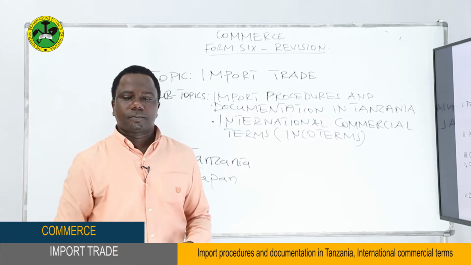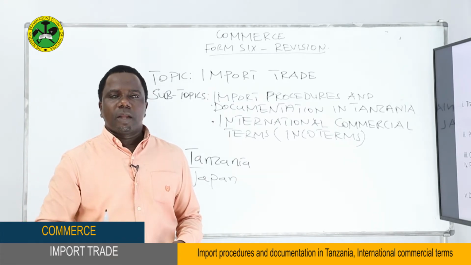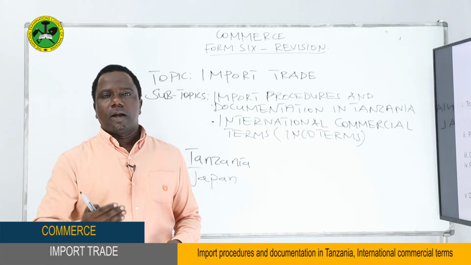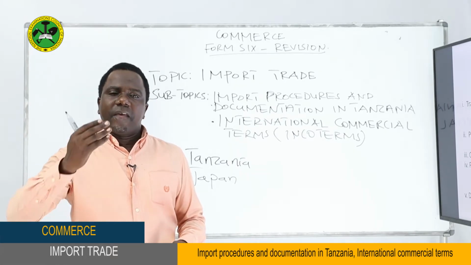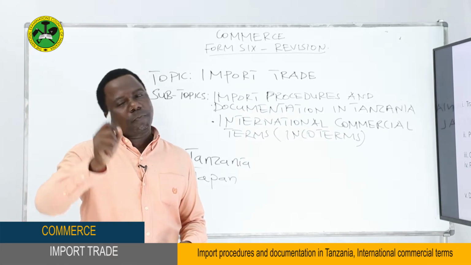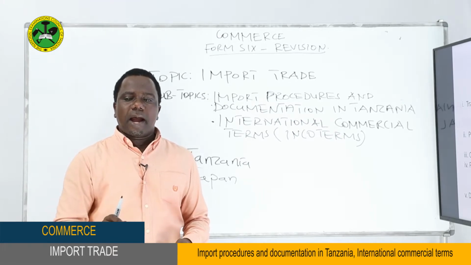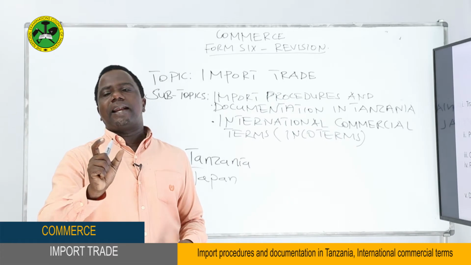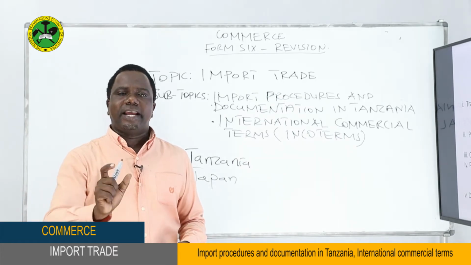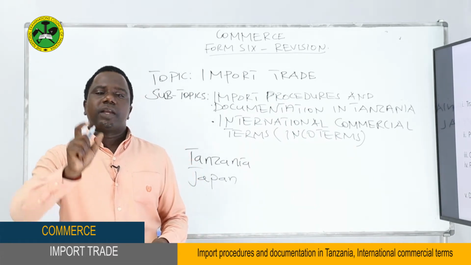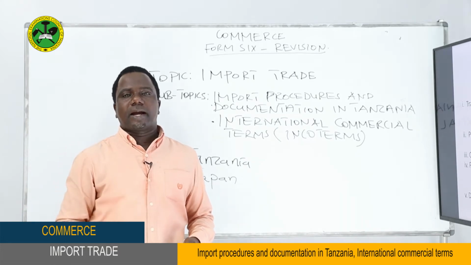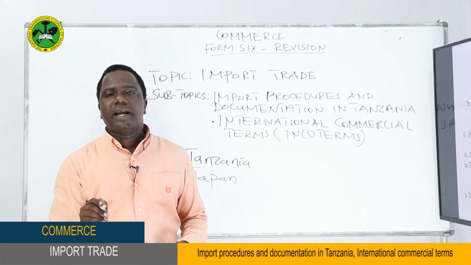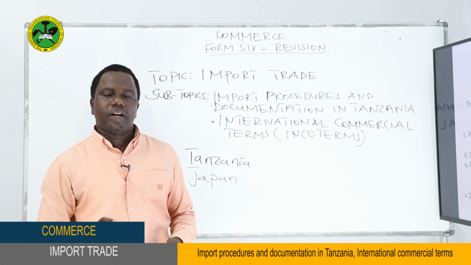And therefore, an exporter needs to be sure of the payments for the goods he is exporting. That's why an exporter will ask an importer to open a letter of credit through his bank. And therefore, an importer should approach his or her bank to open a letter of credit.